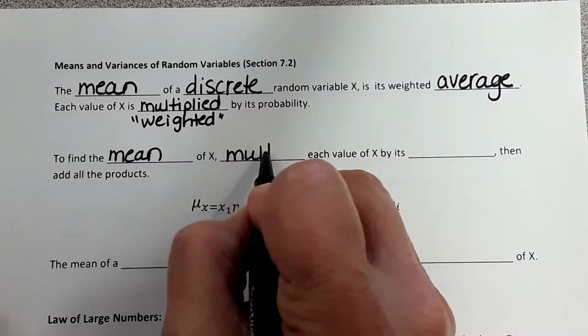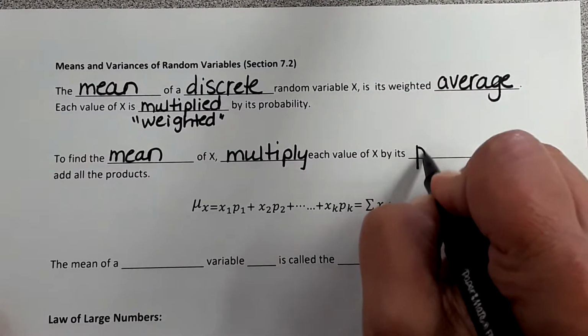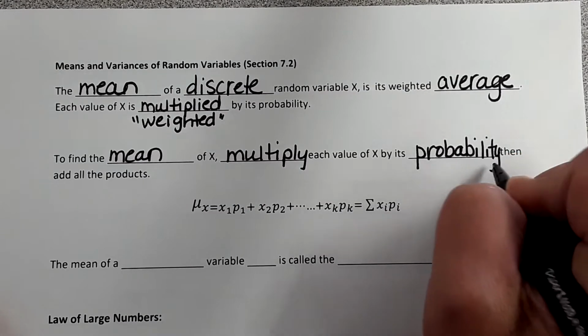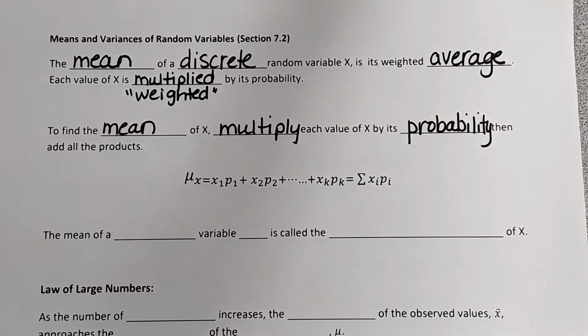Multiply each value of x by its probability, then add it all up. And of course we're going to do an example, because I think it's important.